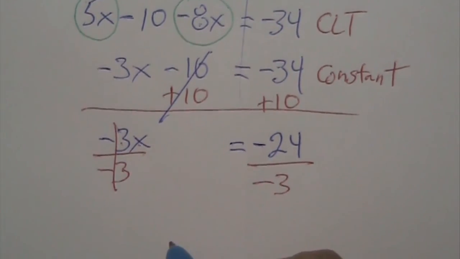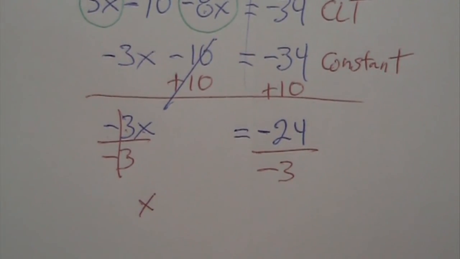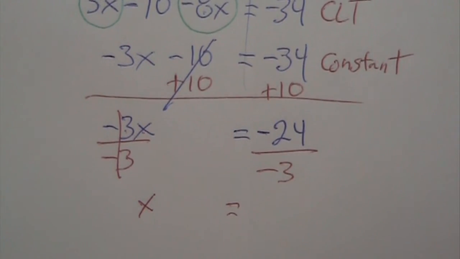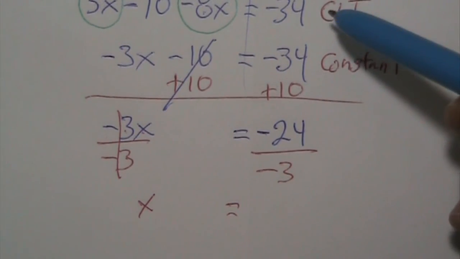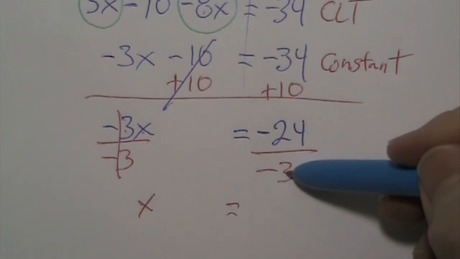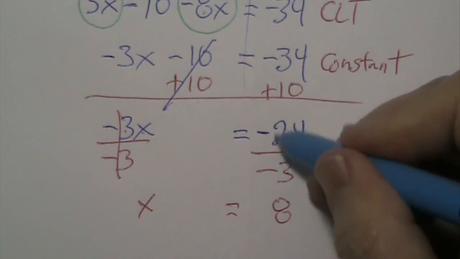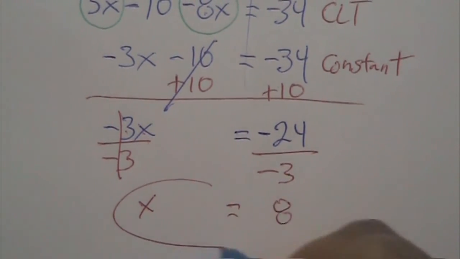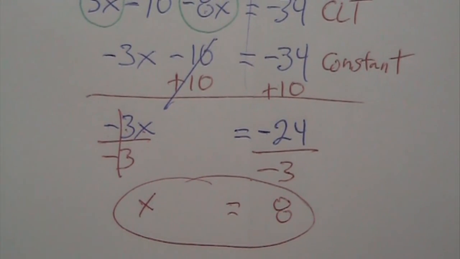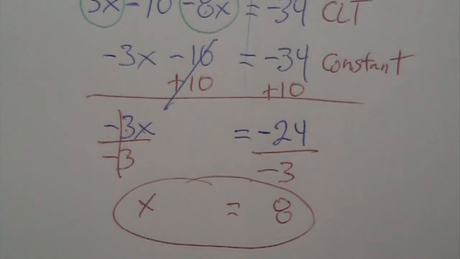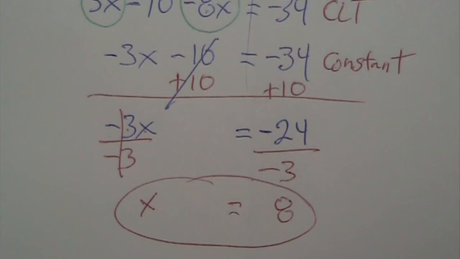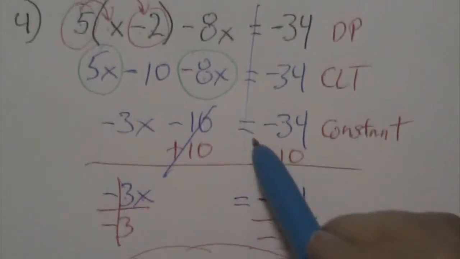And 1 times x is x. On the right side, 3 goes into 24, 8. Two negatives when dividing cancel. And there's our answer. To check it, take the number, plug it back in.